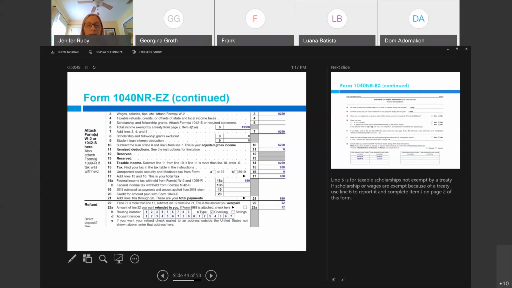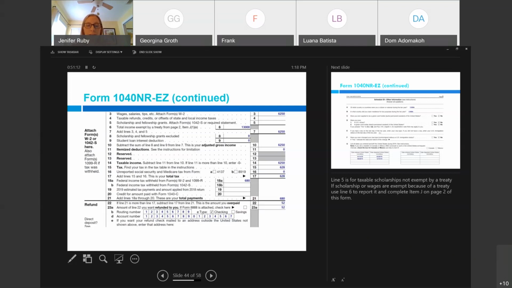So line 15 for Tommy, the amount is $628. All right, so that's all he has. So it ends up line 17, that's the total tax of $628. If you remember, on his W-2, the college withheld $680 already.